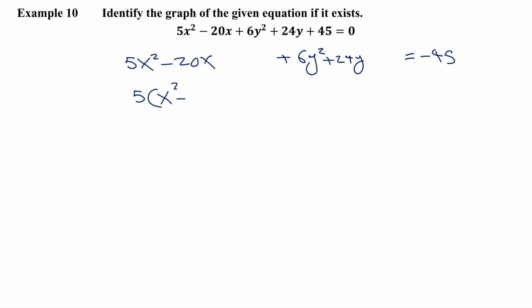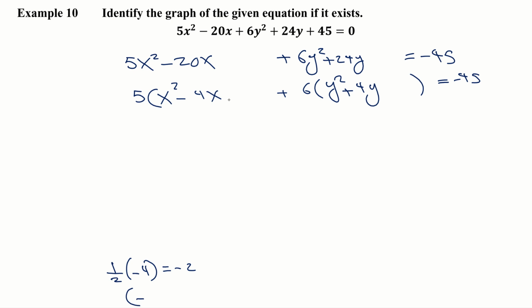That gives us x squared minus 4x, and then plus 6 times y squared plus 4y, and then equals negative 45. So I noticed that for the first trinomial here, I need to take half the coefficient of x, which is negative 4, that gives me negative 2, and square it to get 4.